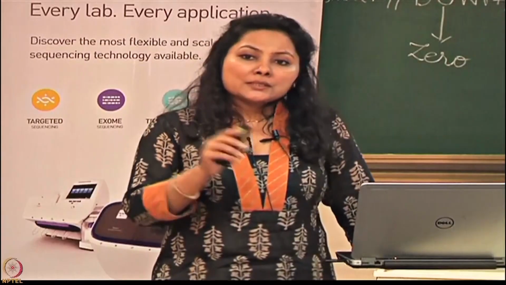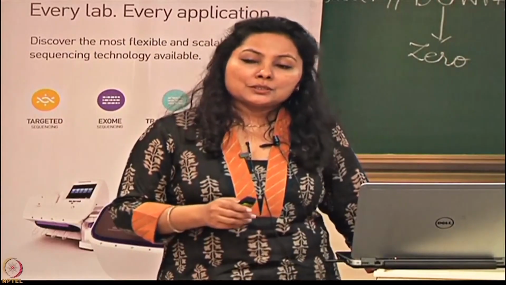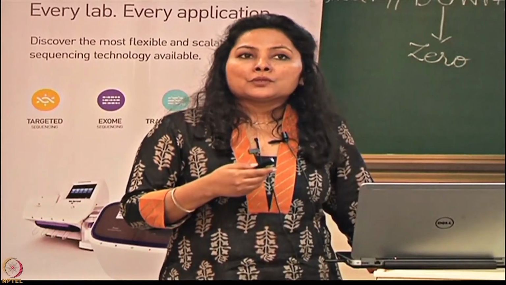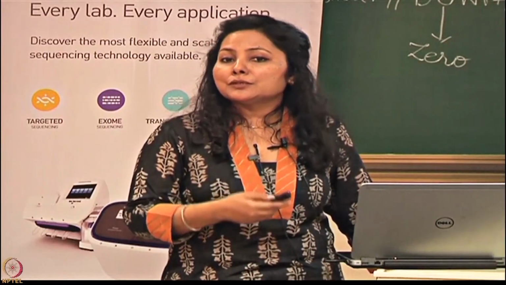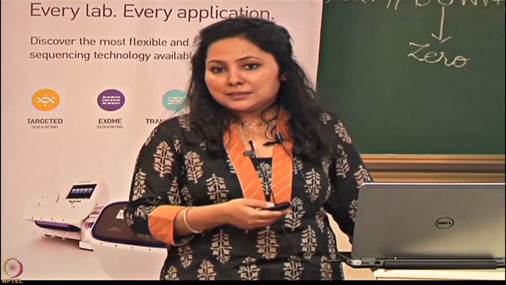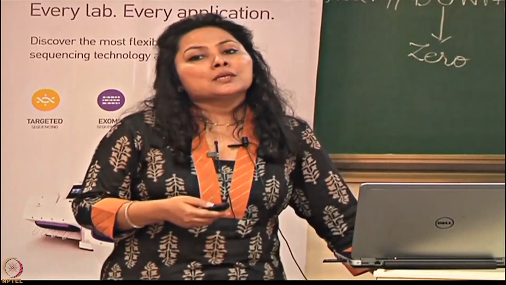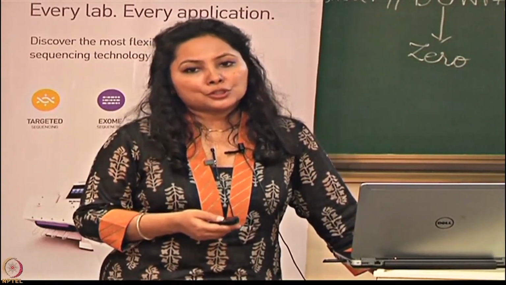So what is the basic aim in library preparation? With these next generation sequencers, we talked about that you are generating 200 base pair reads, 400 base pair reads, 600 base pair reads. So supposing we take an example of whole genome sequencing.